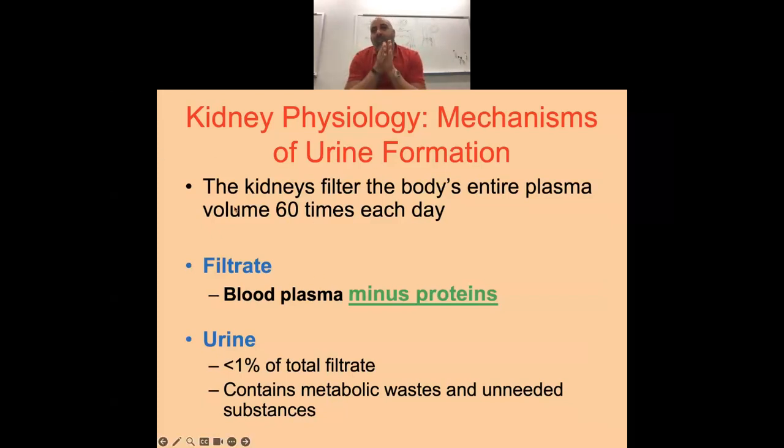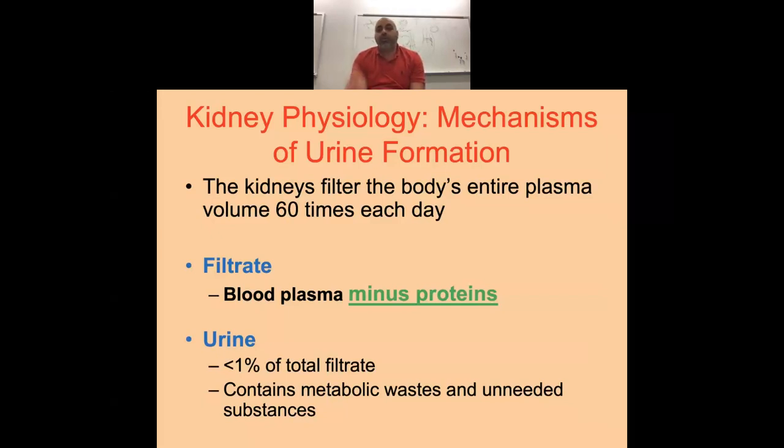Anywho, so filtrate, that's now what has gone through the glomerulus into the capsular space, into the nephron. No proteins, no cells. Okay? And even though we filter our blood 60 times a day, of the total filtrate that makes it into the nephron, less than 1% becomes urine and waste.